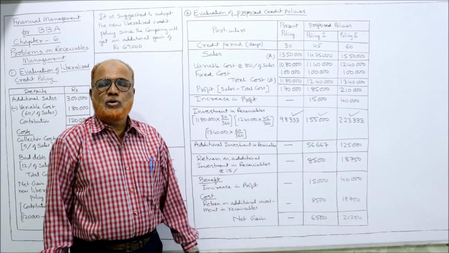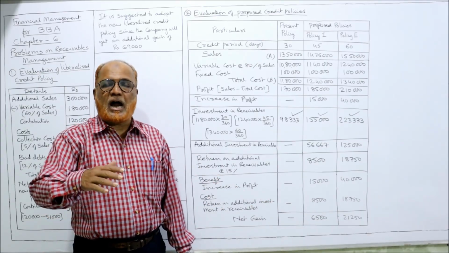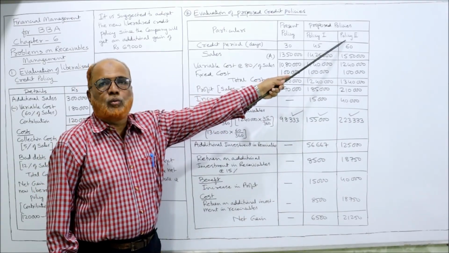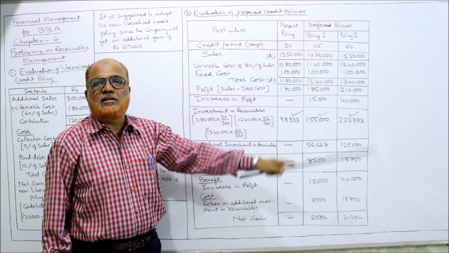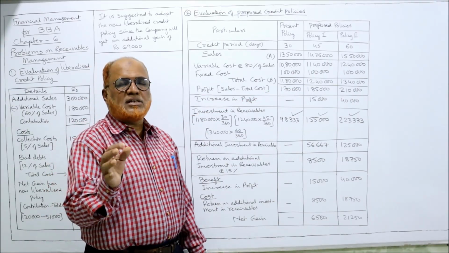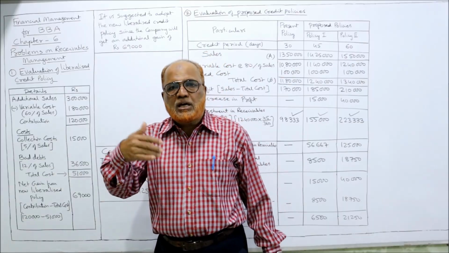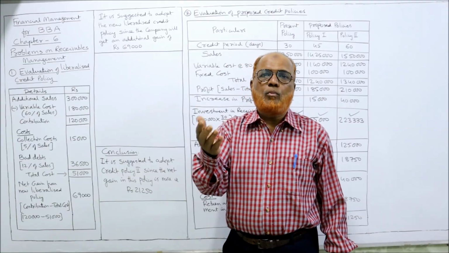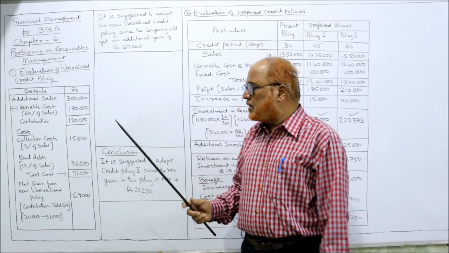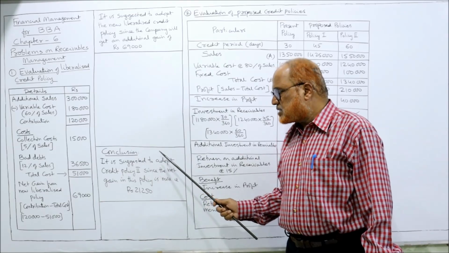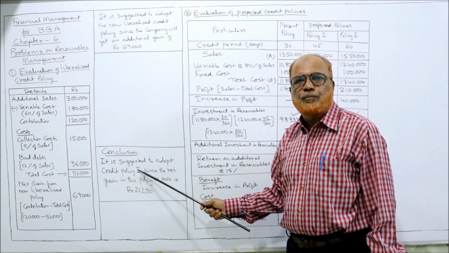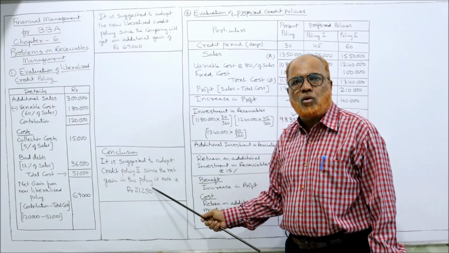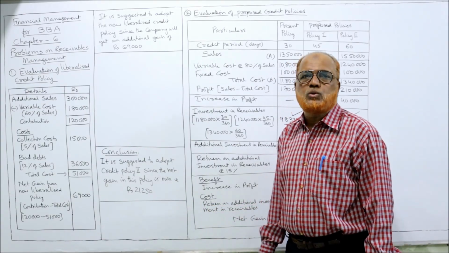The second policy. 21,250 is the additional profit we get if we adopt policy 2 of 60 days. So ultimately we suggest to the company to increase the credit period to 60 days, then we get more net gain. So the ultimate conclusion: it is suggested to adopt credit policy 2 of 60 days since the net gain in this policy is more, that is 21,250.